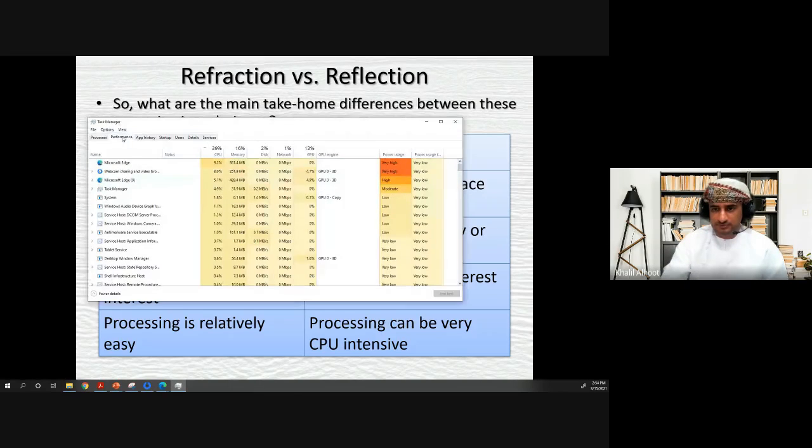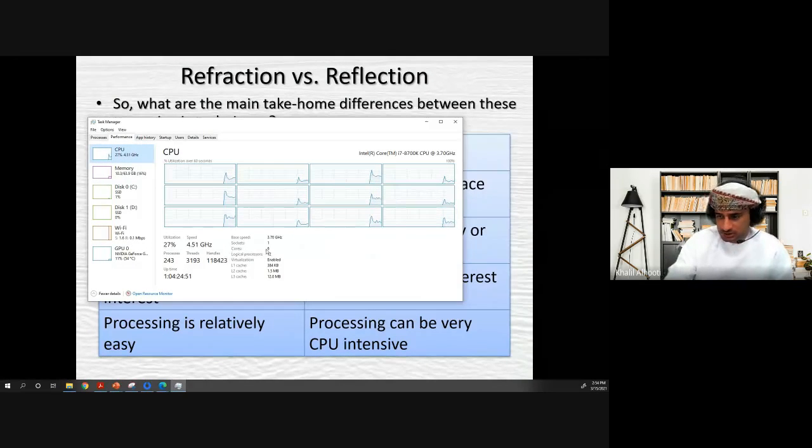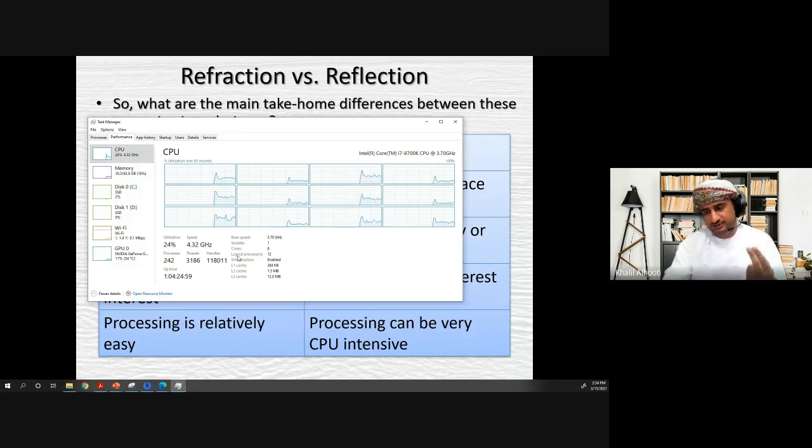If I go to processors, how many cores do I have? 6 cores. Each of these cores can do 2 things, which is what they call multi-threading. So the total number of different jobs my computer can do at one time is 12.